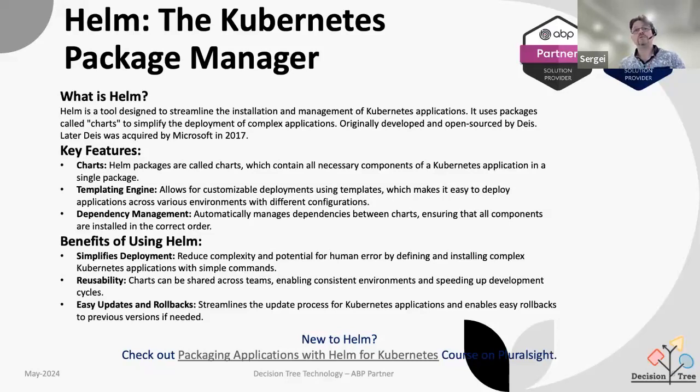You can also share the same charts across different projects. So if you've invested in development of a chart for Redis cache, for example, you can definitely reuse it in all your other projects which use Redis. Same about databases and microservices.